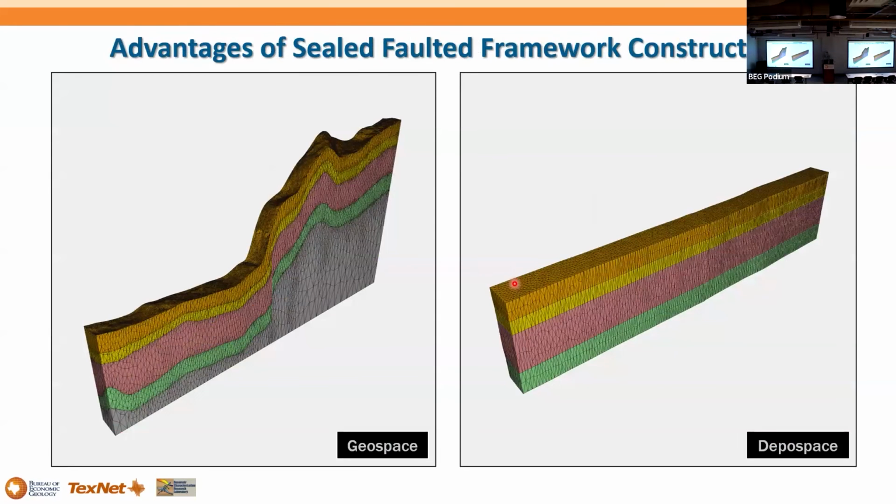Just a quick shout out for why we built sealed fault framework construction: ultimately we're talking about statistics, we're talking about geostatistics, we're talking about the value. This is more of a Michael Perch level comment here, but the actual spatial connectivity between cells in three-dimensional volumes, as it relates to our geostatistical algorithms, very much benefits from being in its original depositional environment.